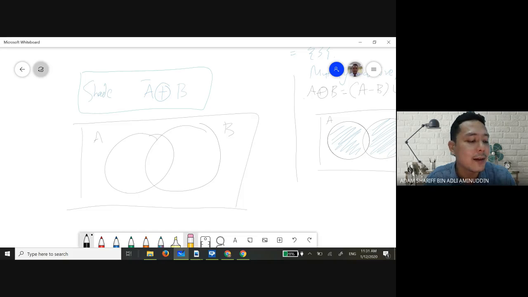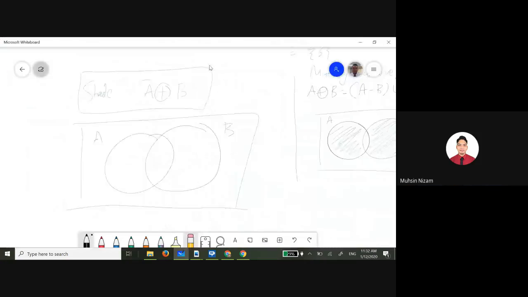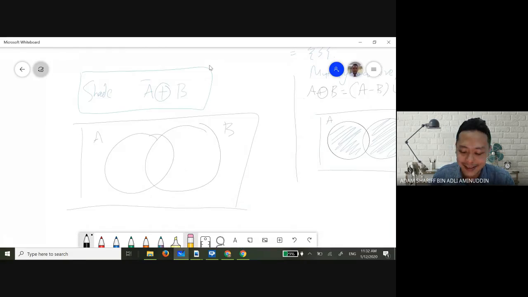Ada tak yang boleh buat macam tadi, letak dalam WhatsApp group? Saya tak suruh letak dalam WhatsApp group tadi, ramai yang letak, saya suka. Kamu dah terbiasa dengan cara ni. Again, it's very important for me to look at my students' answers. Sebab daripada jawapan student, kita boleh lihat sama ada student faham atau tidak. Okay, care to share for the case of A complement mutually exclusive B? Boleh tunjuk siapa-siapa? Korang tidur ni? Tak kan? Tinggal lorek tu. Alright, carry on.